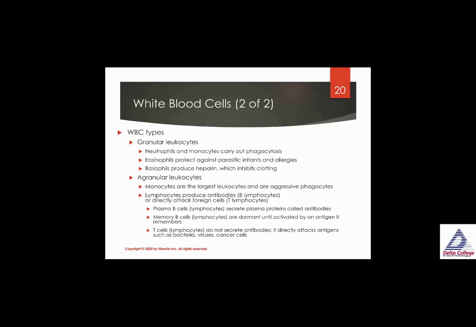These are another type of lymphocyte that are dormant until activated by an antigen that it remembers. T cells are lymphocytes that do not secrete antibodies. T cells directly attack the antigen. So they're like the frontline soldiers. They attack bacteria, viruses, and cancer cells directly.